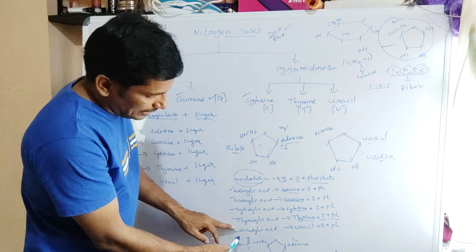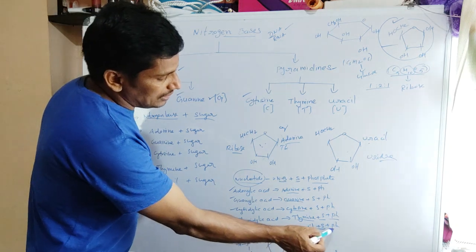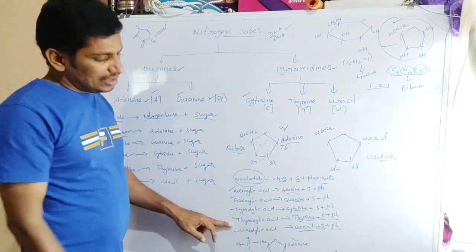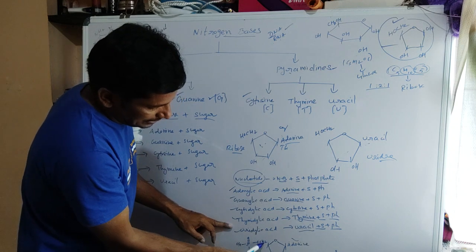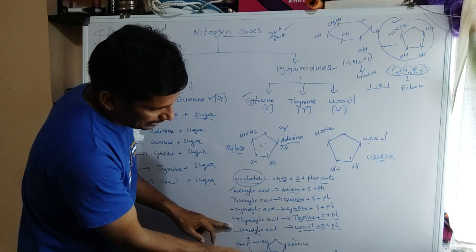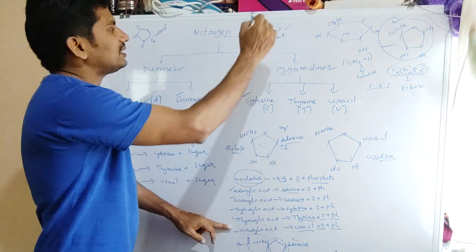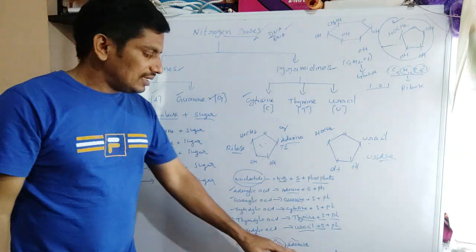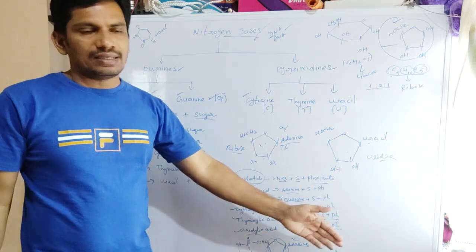And moreover, uridylic acid consists of uracil plus sugar plus phosphate. Here adenine is there, then adenylic acid. This phosphate is common and ribose is common, and these nitrogen bases change in the different structures.